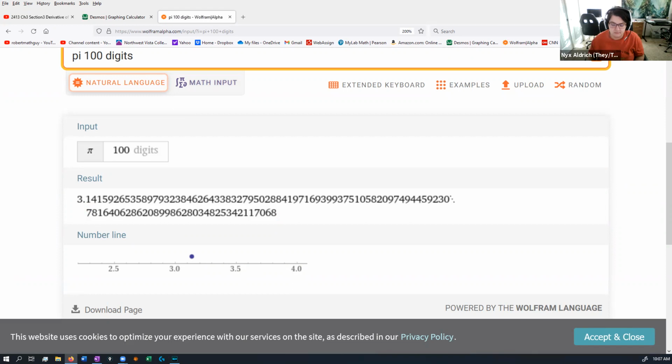So the world record is someone who memorizes, and I don't want to give you incorrect information, but I believe 60,000 digits. This person memorized pi, and this person is a savant. If you've ever heard of what a savant is, you can go Google it.